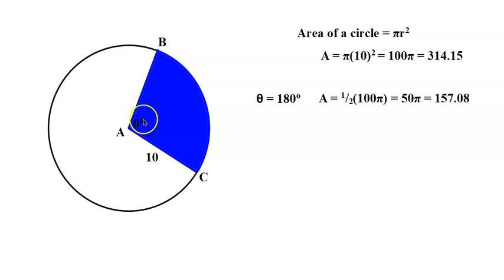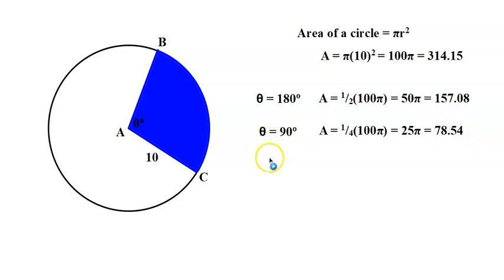Okay, but what if it was 90? Because this clearly isn't a semicircle, it's not 180, but if this was 90, right? So the angle is 90 degrees. Well, 90 degrees is just 1/4 of a circle, right? So our area is going to be 1/4 times the area of the circle. So 25 pi, or approximately 78.54.